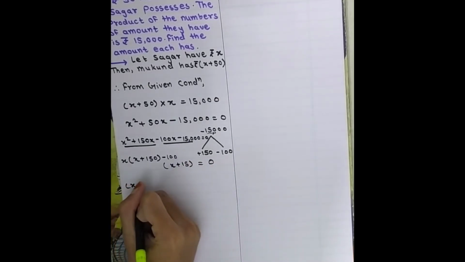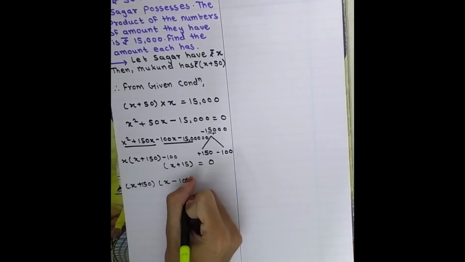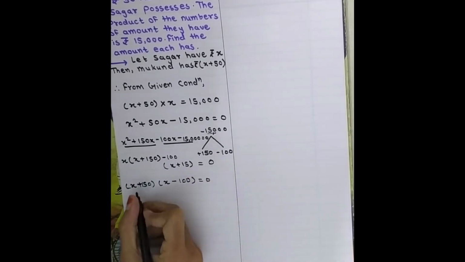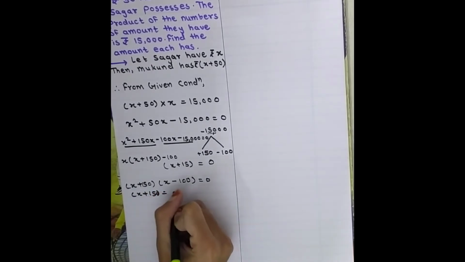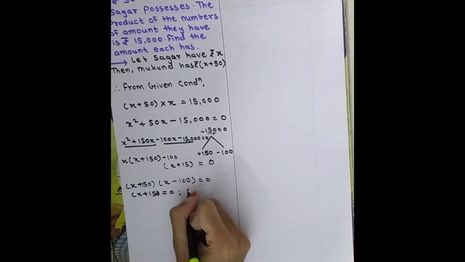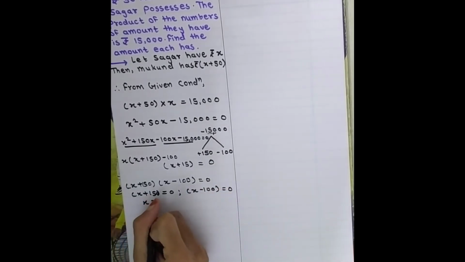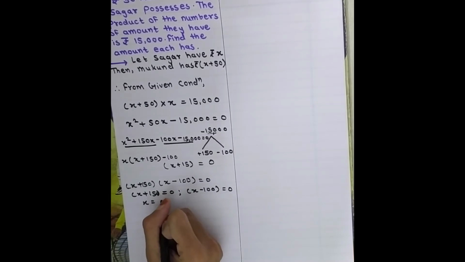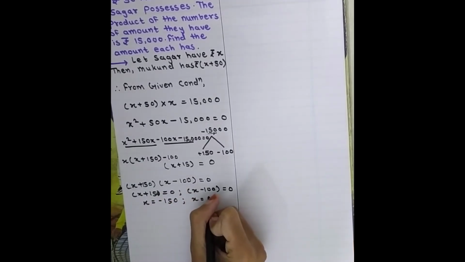So x plus 150 and x minus 100 is equal to 0. So solve this. X plus 150 is equal to 0 and x minus 100 is equal to 0. So x is equal to minus 150 and x is equal to 100.